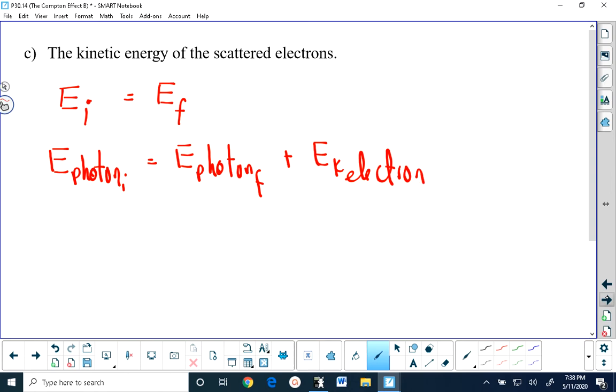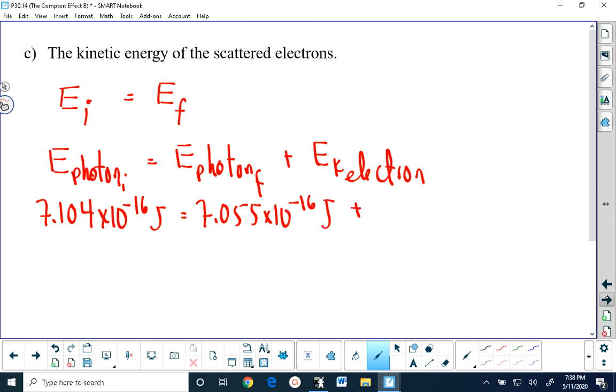And we know both of these photon energies. This was the 7.104 multiplied by 10 to the negative 16 joules. This is the 7.055 multiplied by 10 to the negative 16 joules. So we can solve this equation to determine the kinetic energy of the electron.